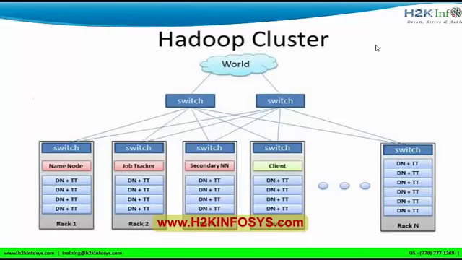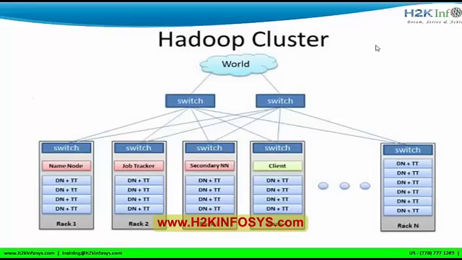Suppose you take rack 1 here, I have a main node in my rack 1, and along with that I have several data nodes. As each data node is associated with a task tracker, on each data node I am giving data node plus task tracker. So in my rack 1 here, I have 5 machines in total. The first machine is the name node and the remaining 4 machines are data nodes plus task tracker.